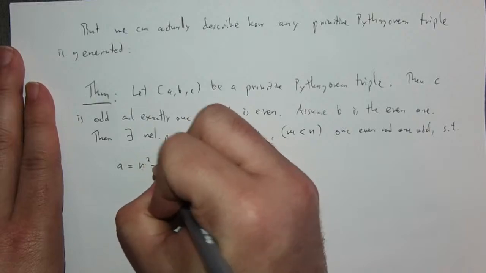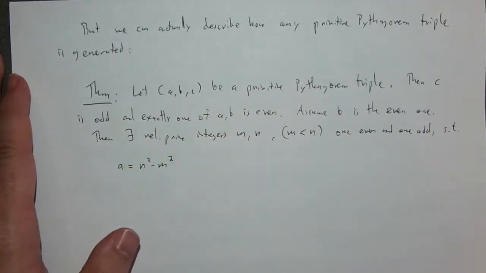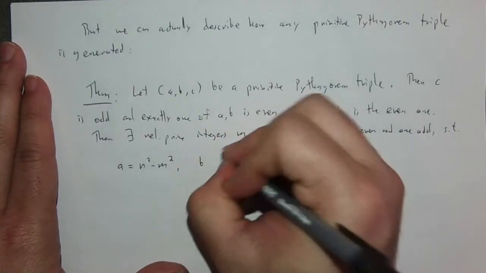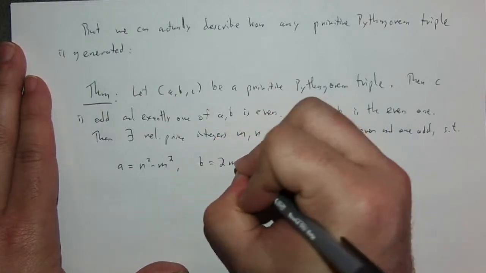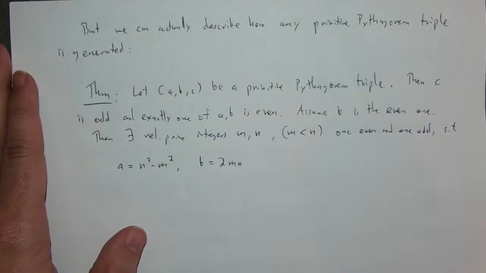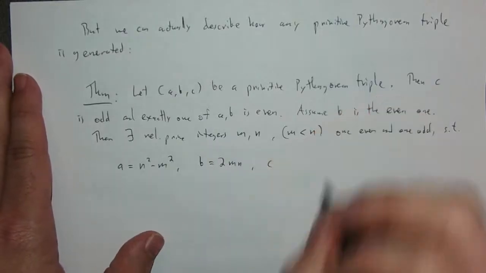The next chapter talks about that, although I'm probably going to skip it. B is 2 times m times n, and C is the sum of two squares.